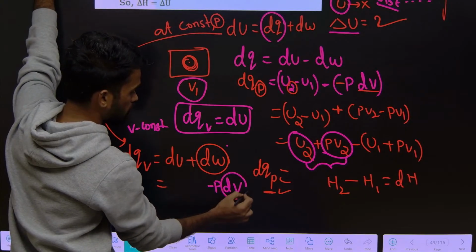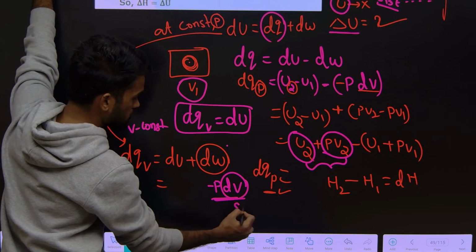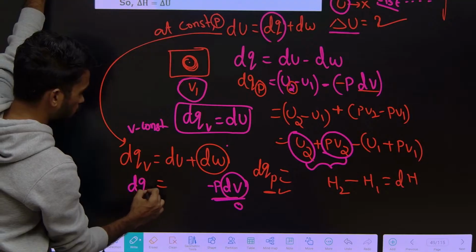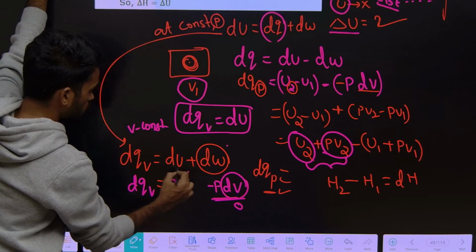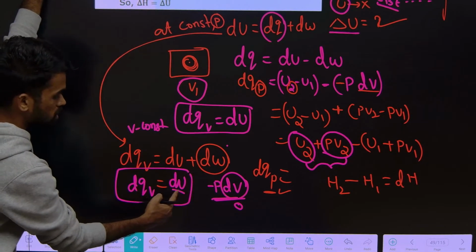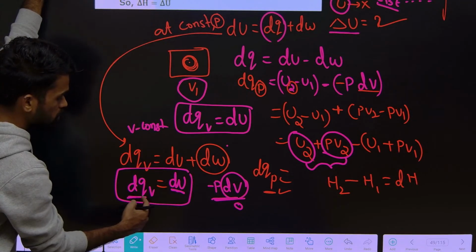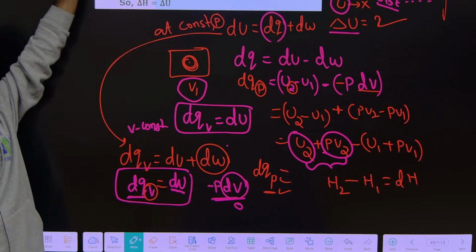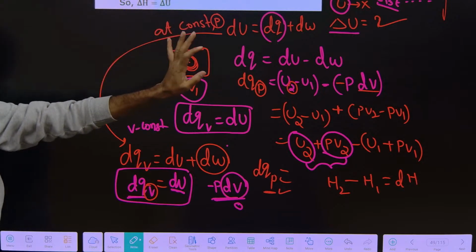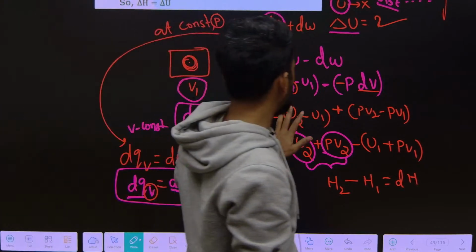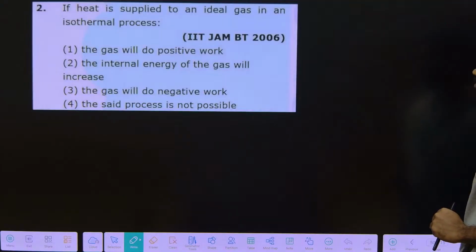This change in V will be 0. This second term becomes 0. Therefore dQV will be equal to dU. So it means the internal energy change will be equal to the heat content of the system measured at constant volume. Hope the discussion till here is clear, right?